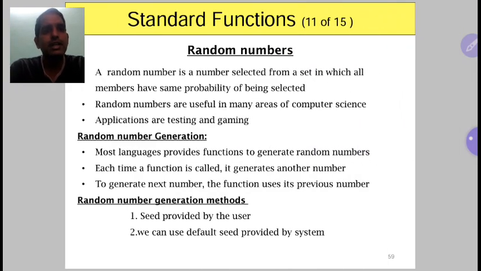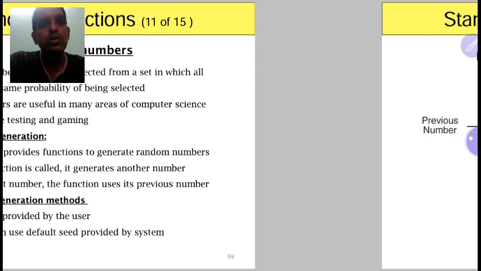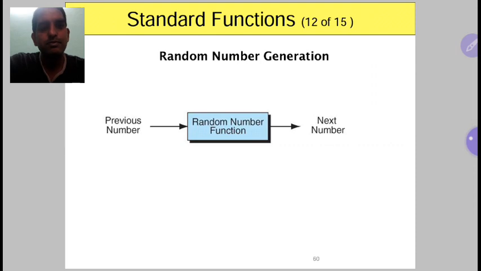Another important standard function you have is generating random numbers. This you will be using further in your future courses. When you want to generate random numbers, we have two types of functions. This is a simple description about generating a random number.